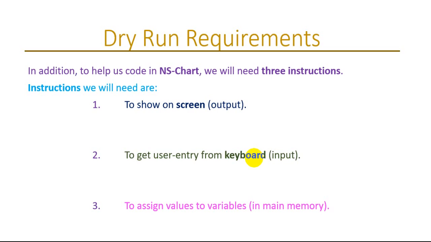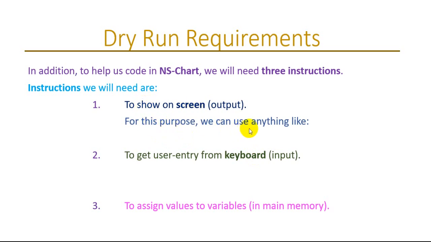So let's finally decide exactly how we are going to use a command. Because this is an NS chart, this is not an actual computer. We can decide what the command is like, or what we are going to call the command. Okay, so let's see that. First is for showing purpose.